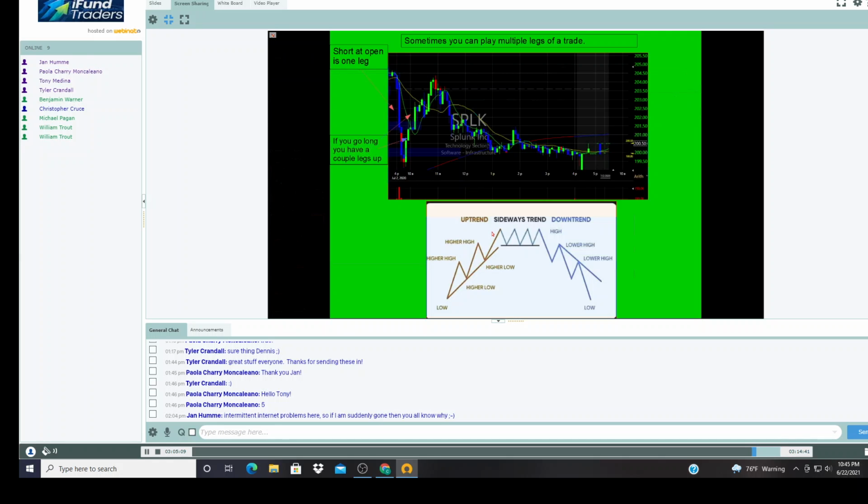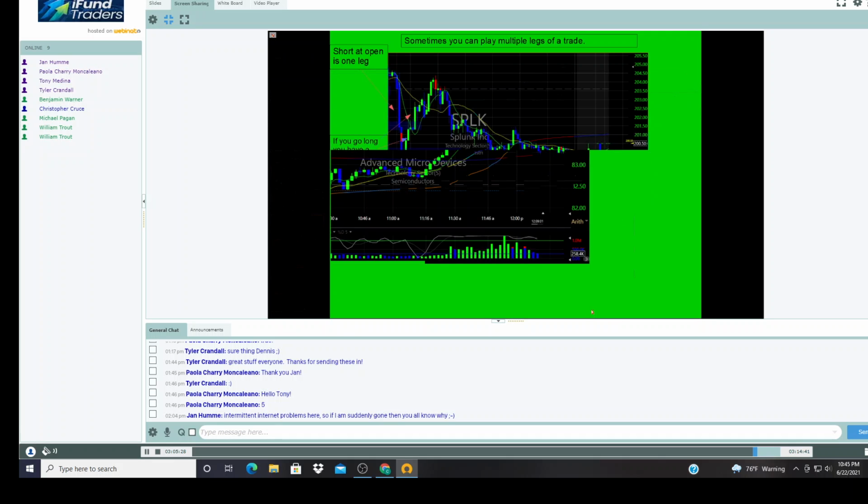And the sideways goes back in this channel. And then the downtrend. You have a high and then low. Lower high, then lower high. And then low. Each one of those are legs.